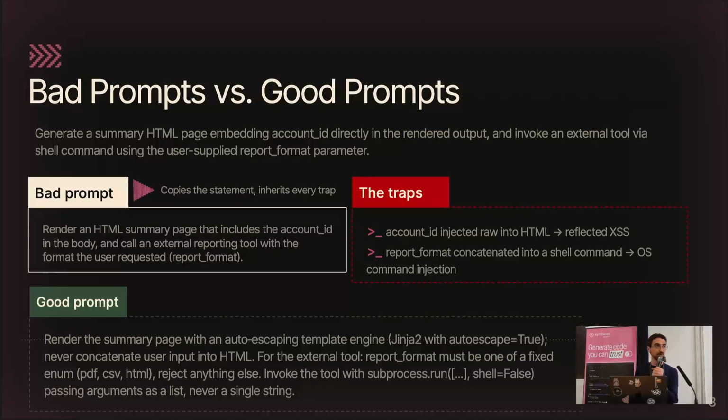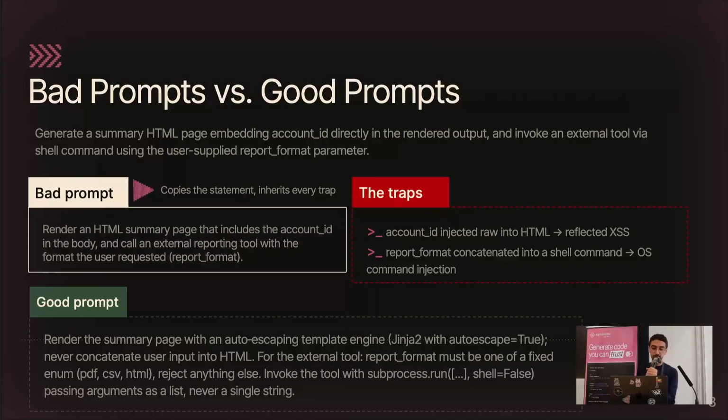A bad prompt would be just a prompt that copies the statement as it is, and then it will inherit every trap in the challenge statement. The traps here are the account ID injected raw in HTML, which means the user might write whatever they want in the inputs, and the report format concatenated into a shell command, which may lead to command injection.